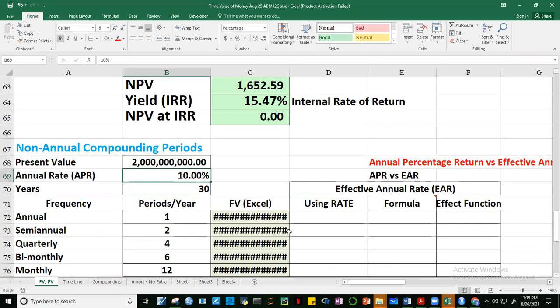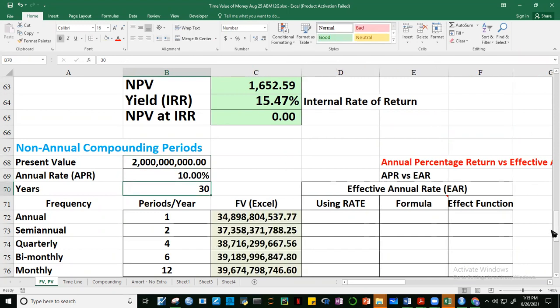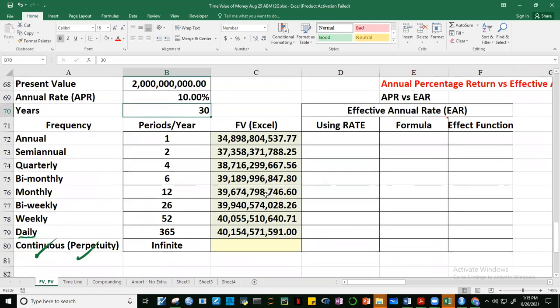Okay, 2 billion at 10% for 30 years. Let's see kung magkano yung difference kung annual compounding versus daily compounding. Well, guys, almost 6 billion yung difference kung annual compounding at saka daily compounding.